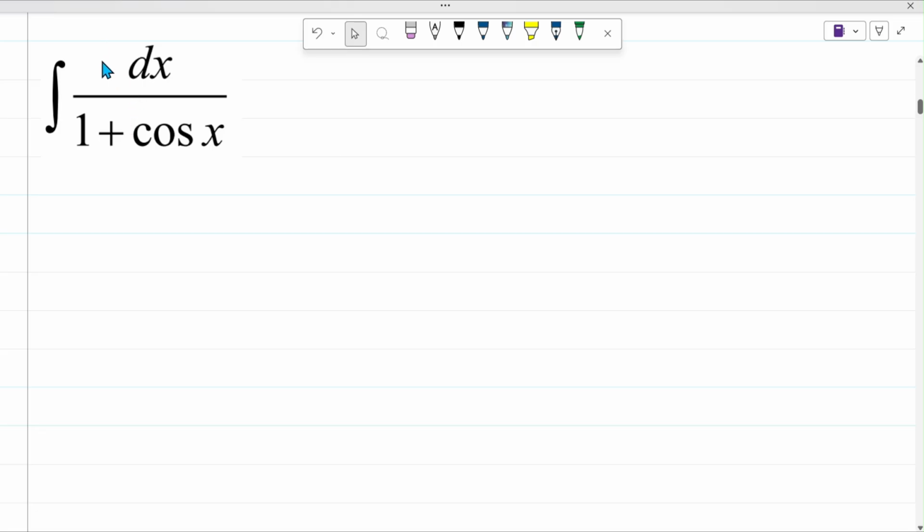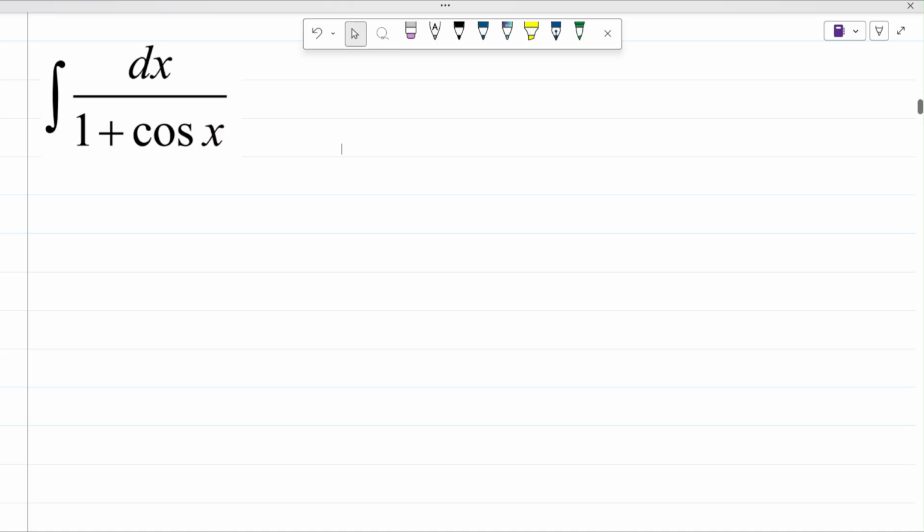When you have a constant divided by a constant plus or minus any trig function, it could be your sine, your cos, or whatever, then you need to think of multiplying by 1, and that 1 should be a Pythagorean conjugate of what you have there.